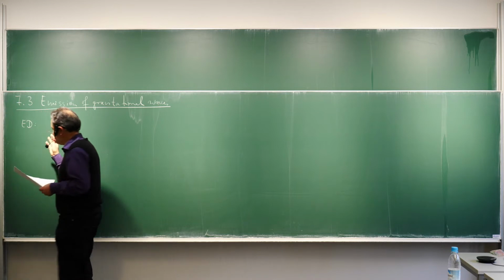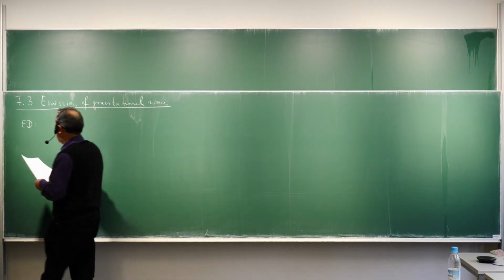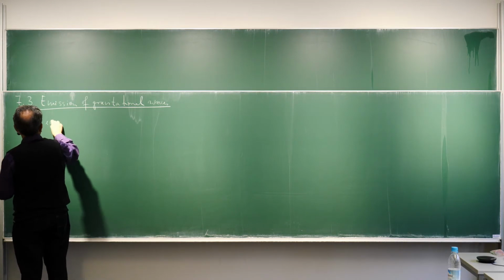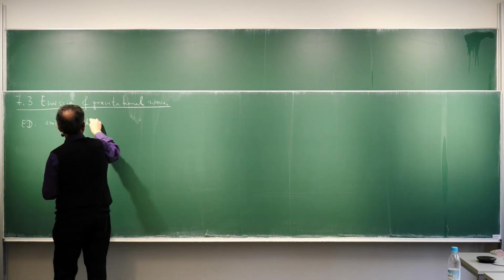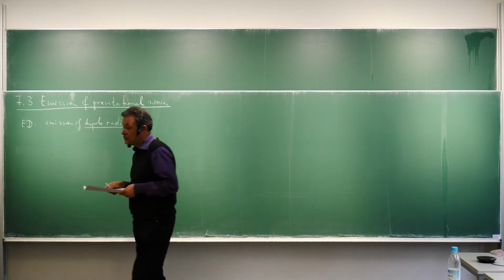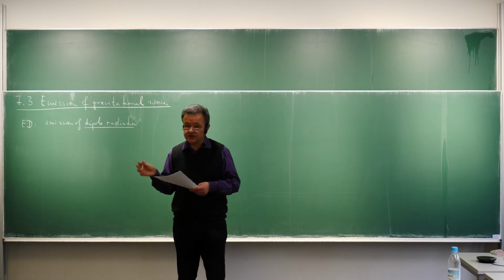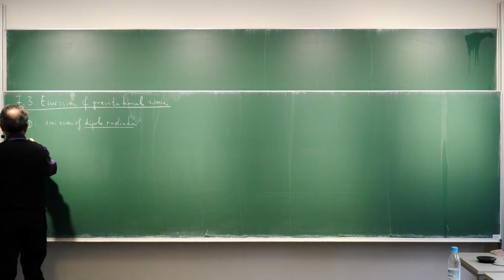There, an important special case is the emission of dipole radiation. And if you assume that the source, I mean the charges, move non-relativistically, then we have this important result for the emitted power, dP over d omega.